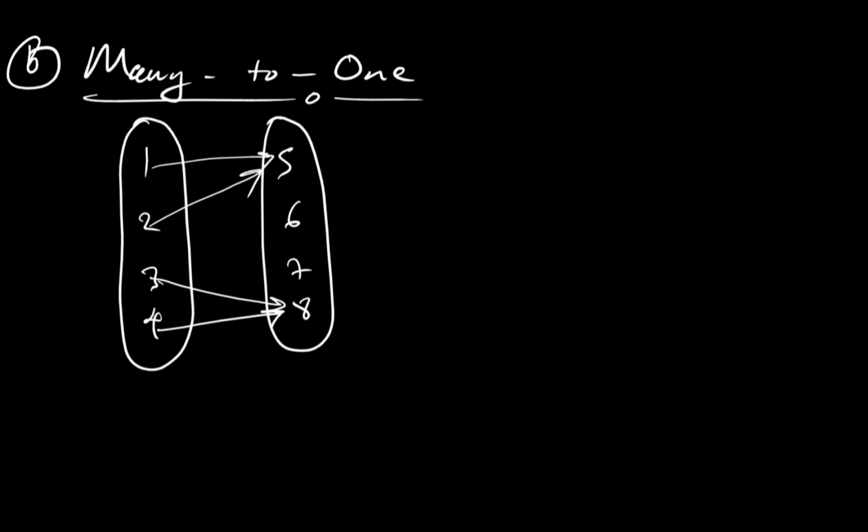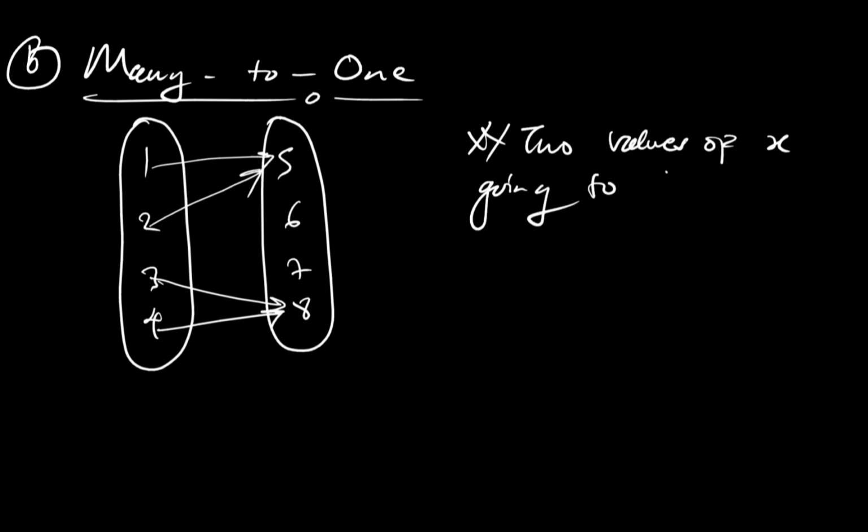So in a many to one case, you have two values of x going to one value of y. Take note of that. Two values of x going to one value of y. That is why it's called a many to one.